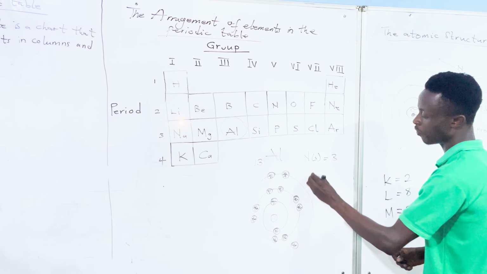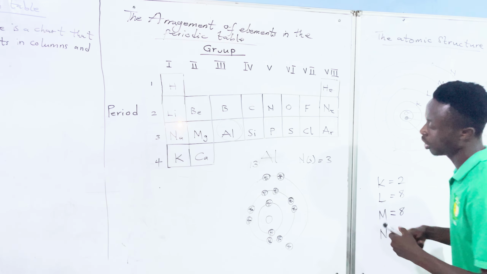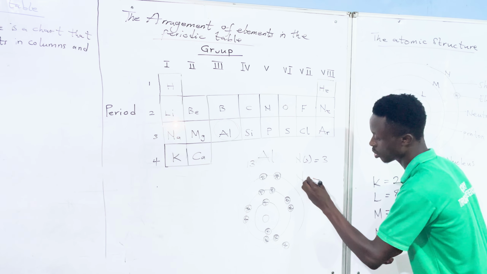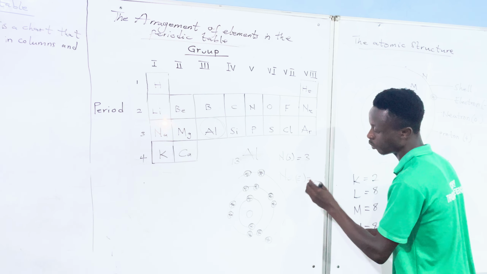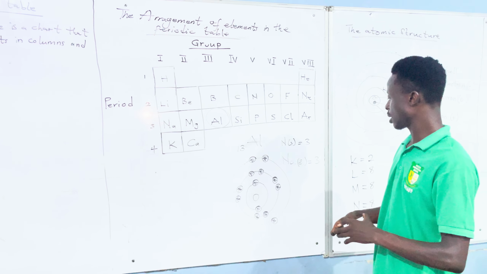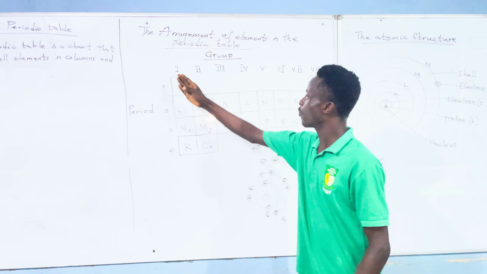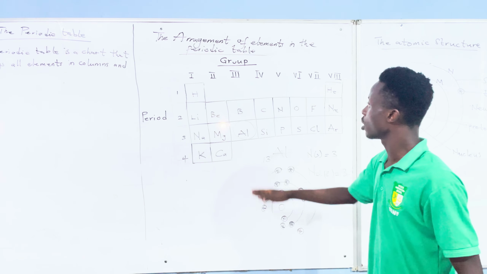So in the outermost shell, we have 3 electrons. So let's look at the third group: group 1, group 2, group 3.